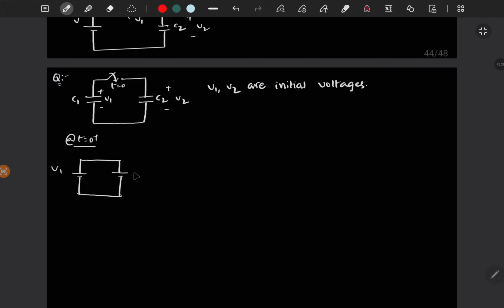So this is V1 and this is V2. You can equivalently represent with a single voltage source with 0 resistance. So we'll get impulse current in either direction.